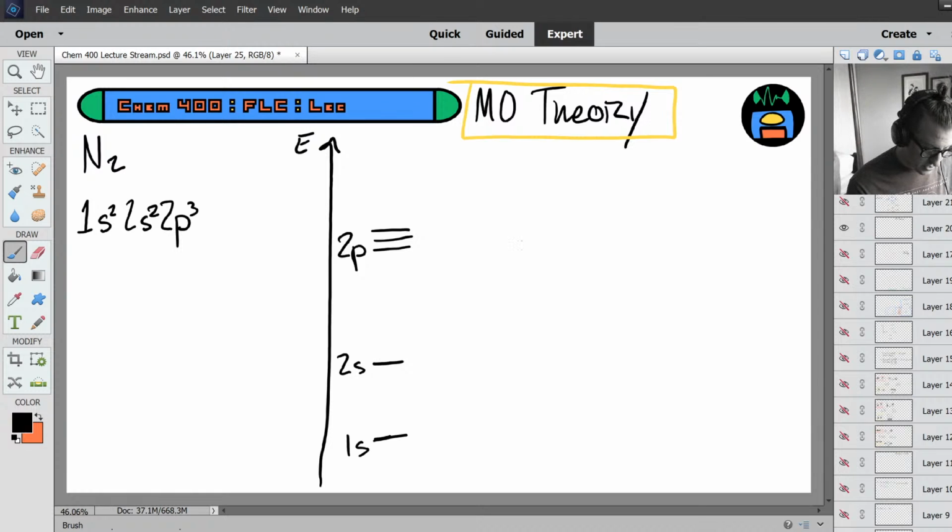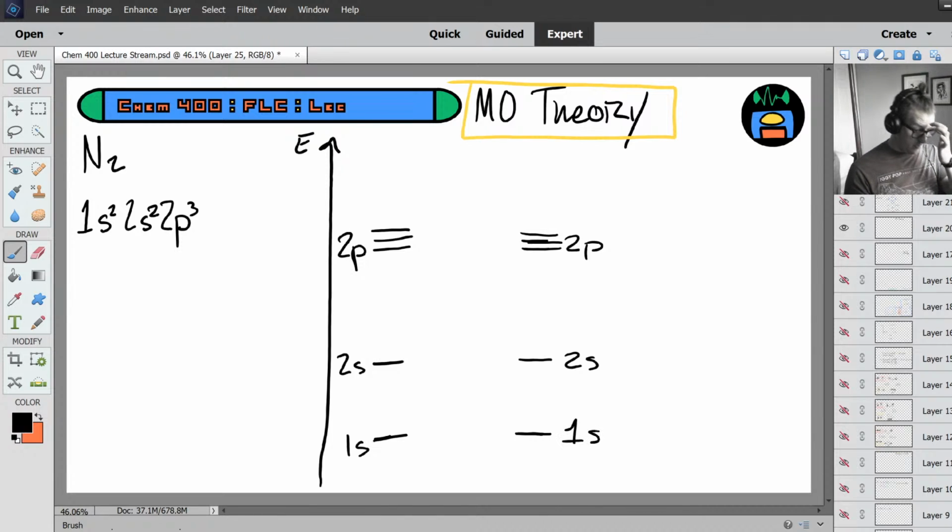And it's mirrored on the other side. 2p, 2s, 1s.